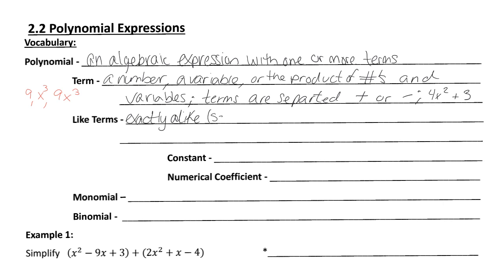So something like x and x. So like x cubed and x cubed, or x squared and x squared. But x cubed is not a like term to x squared because they're not the same power.